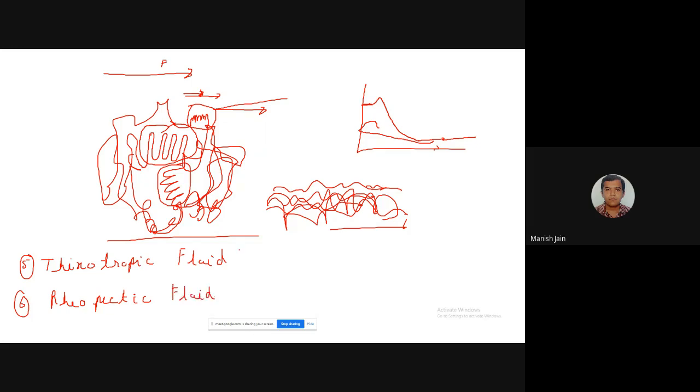So these are the fluids where the viscosity is time dependent. So viscosity not only may depend upon the shear rate for non-Newtonian fluid, viscosity may also depend upon time.